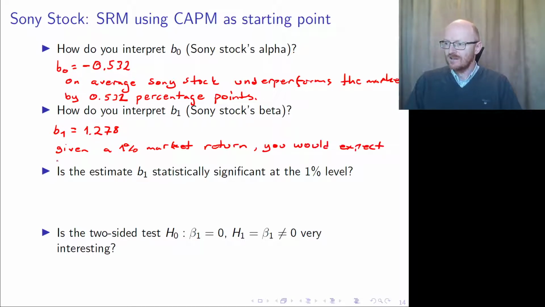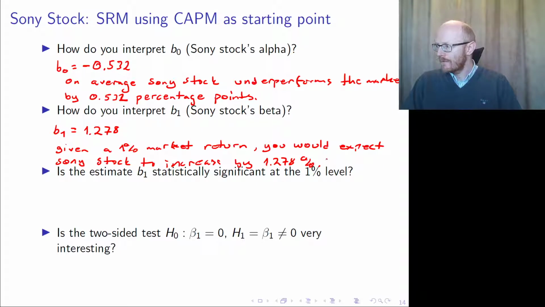You would expect Sony stock to increase by 1.278%. Okay, which means that Sony stock is more volatile than the market.